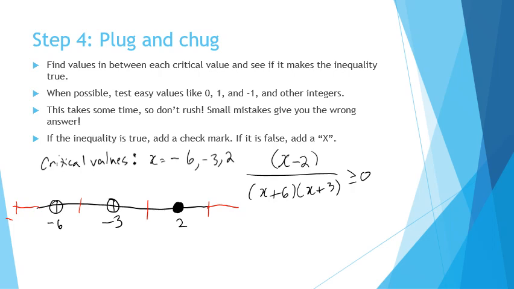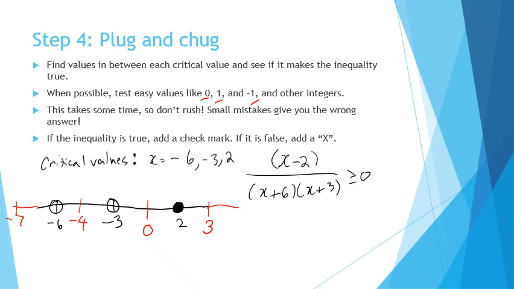So let's see. A number that's less than -6, I like to go with nice integers, so -7 here. Between -6 and -3, I'll go -4. Between -3 and 2, I like to do 0. If I can, I like to plug in easy values like 0, 1, -1. And then greater than 2, I'll just go with 3 here. So these are going to be our testing points.